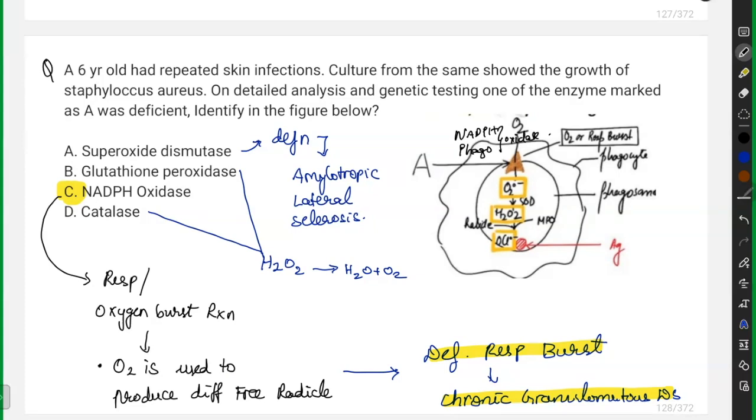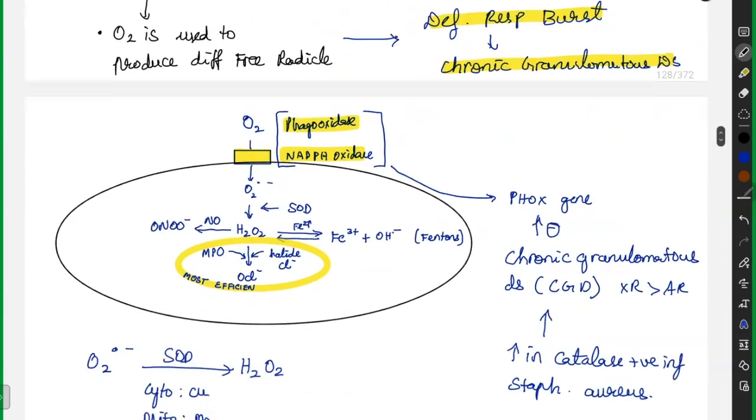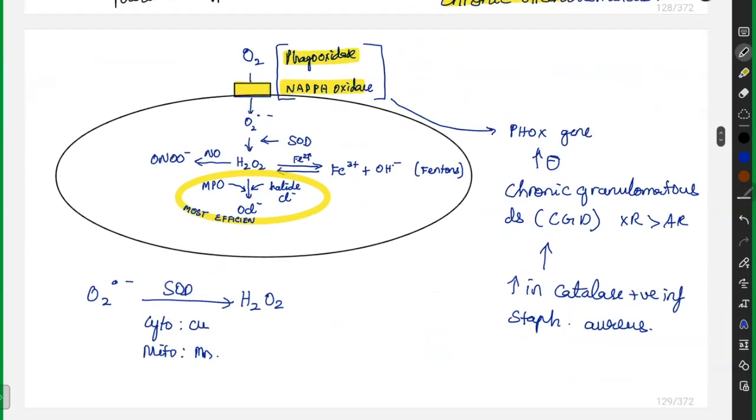This degrades hydrogen peroxide into water and oxygen. Superoxide dismutase causes conversion of superoxide ion into hydrogen peroxide. Similarly, glutathione peroxidase converts the reduced glutathione to homodimer. So now all these things are oxygen dependent killing. The entire process is going to be oxygen dependent killing.